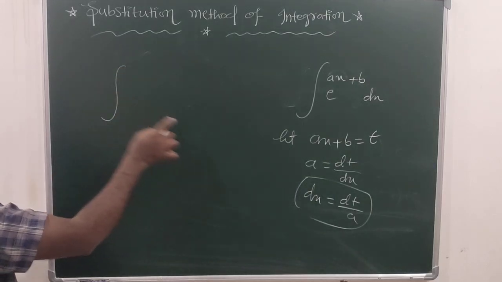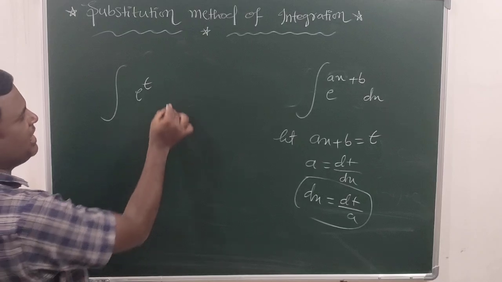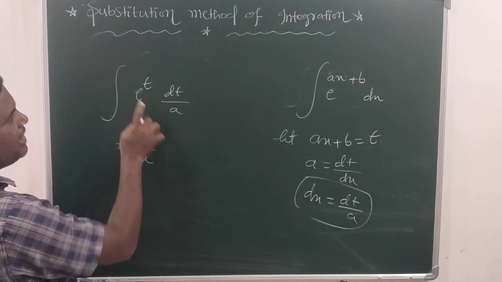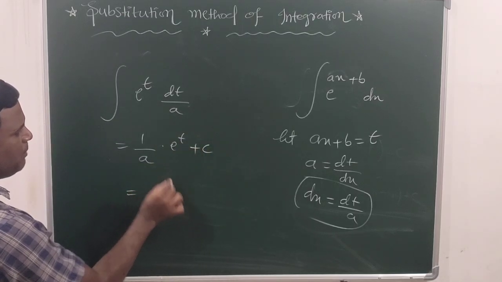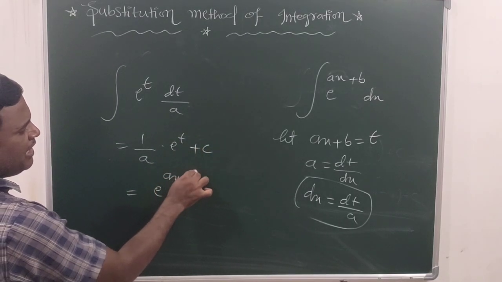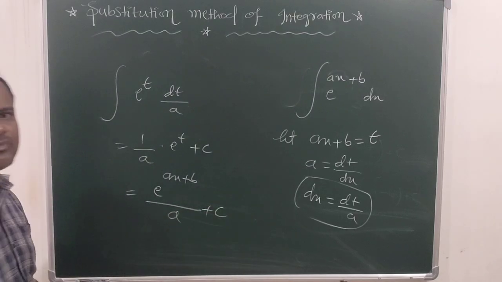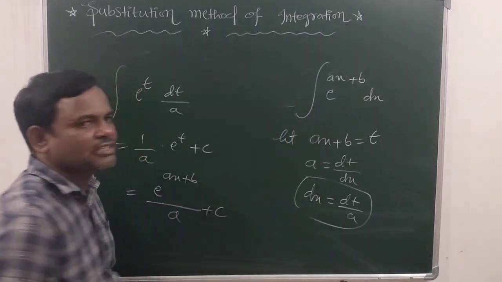Now go back and in the place of ax plus b write t, then it becomes e power t, and dx is dt by a. Now write 1 by a outside, integral of e power t plus c, and the value of e power t is e power (ax plus b) by a plus c. Like this you have to evaluate the integral of this function.